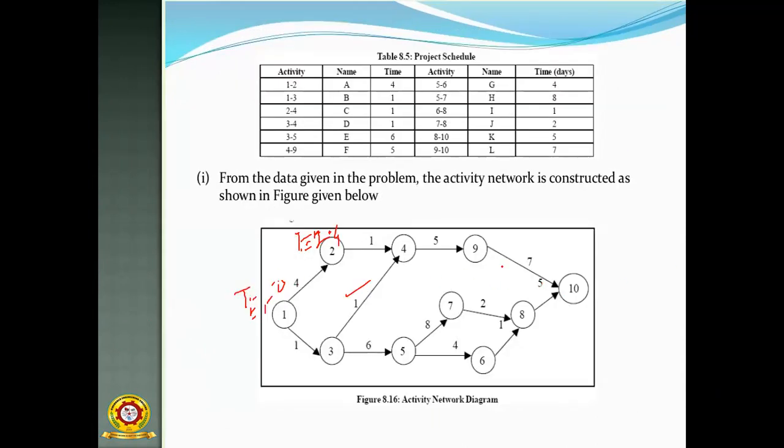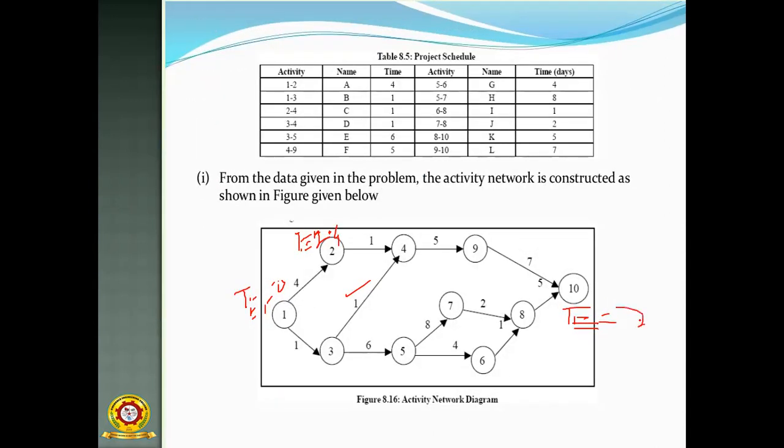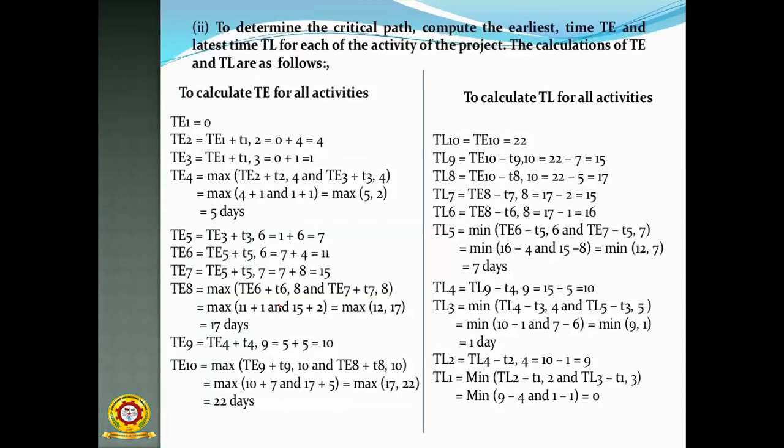Then suppose after that there is the 10th activity, for the 10th activity the TE equals 22. So this is the TE value. Then backward. In the forward approach, we are taking the max value.